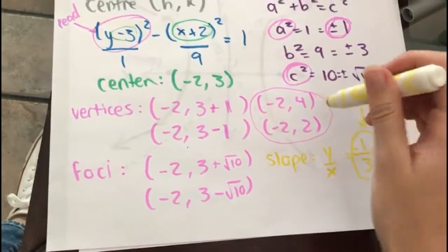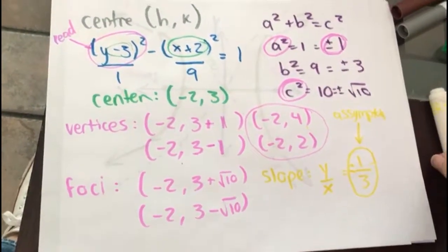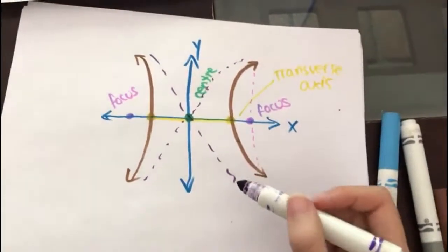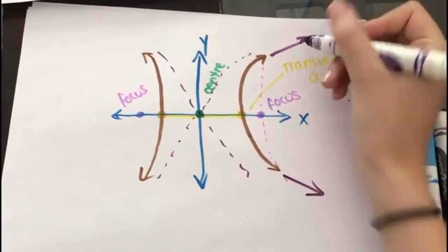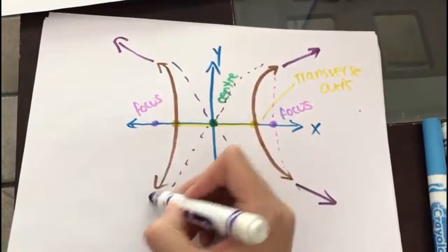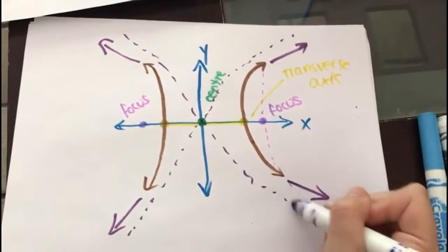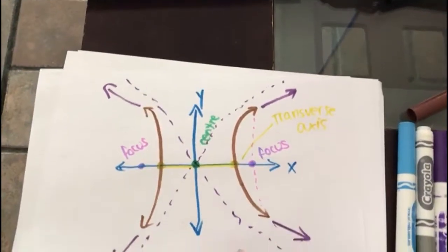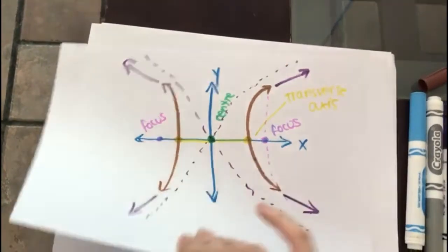So we already have the two vertices and the two asymptotes, so let's try to graph it. The two asymptotes are not part of the hyperbola, but they show that both branches go to infinity, this way, this way, this way, and this way. And these are the asymptotes. How to graph the hyperbola with center h and k.